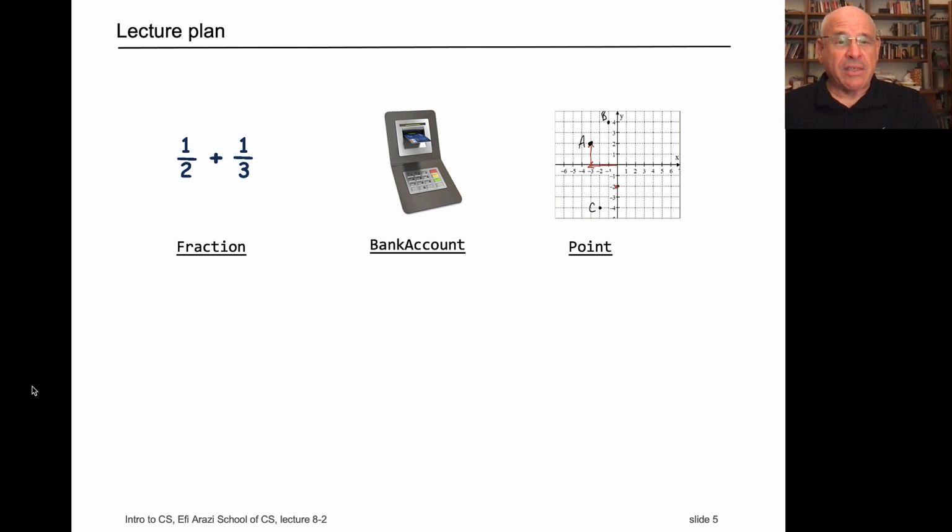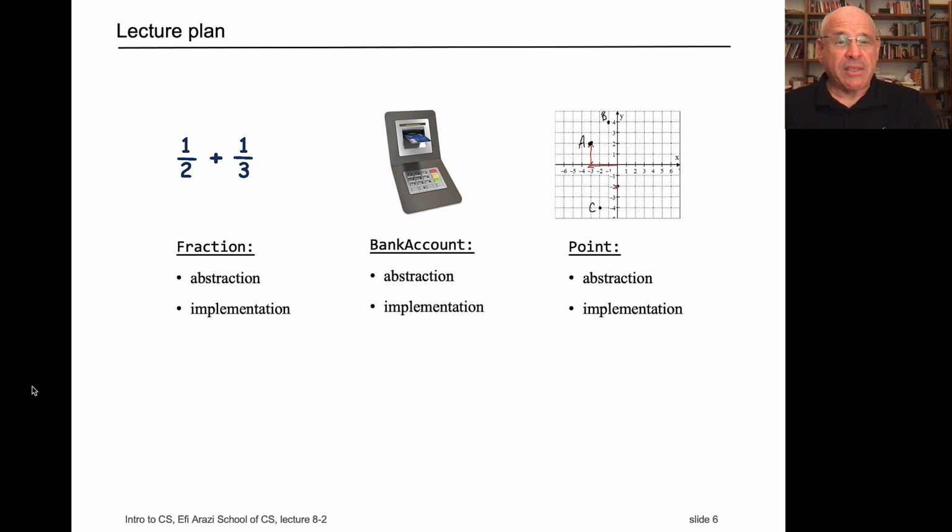A fraction is something which is very different than a bank account. So it's useful to see such very different examples. Now, whenever we talk about every one of these objects, we'll talk both about the abstraction of the object and its implementation. So let's begin with fractions.